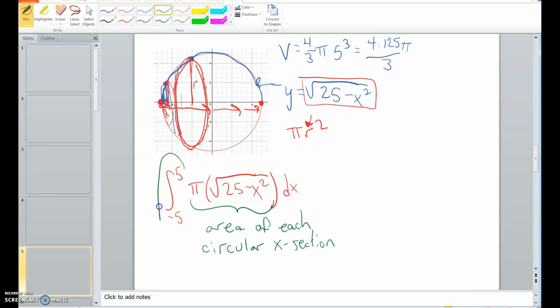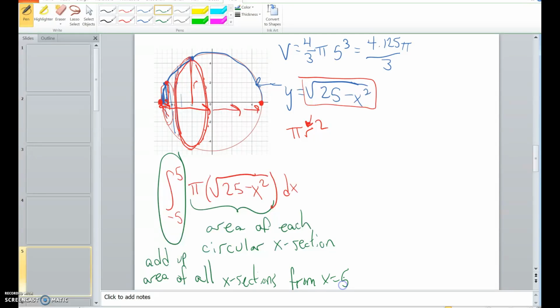And we want to add all those up, all cross sections from x equals -5 to +5. Okay, so go ahead and put that in your calculator, and let's check and see if we get the same thing, 4 times 125 pi over 3.